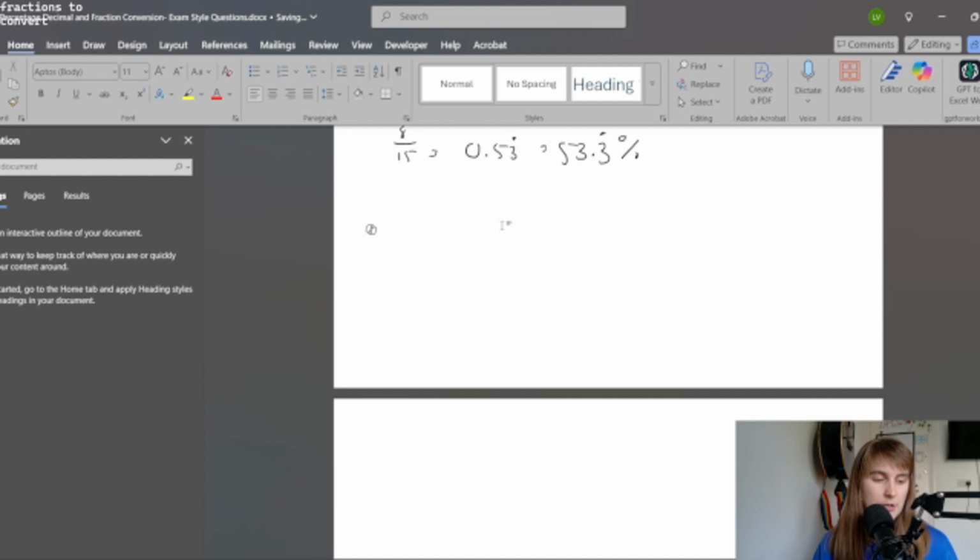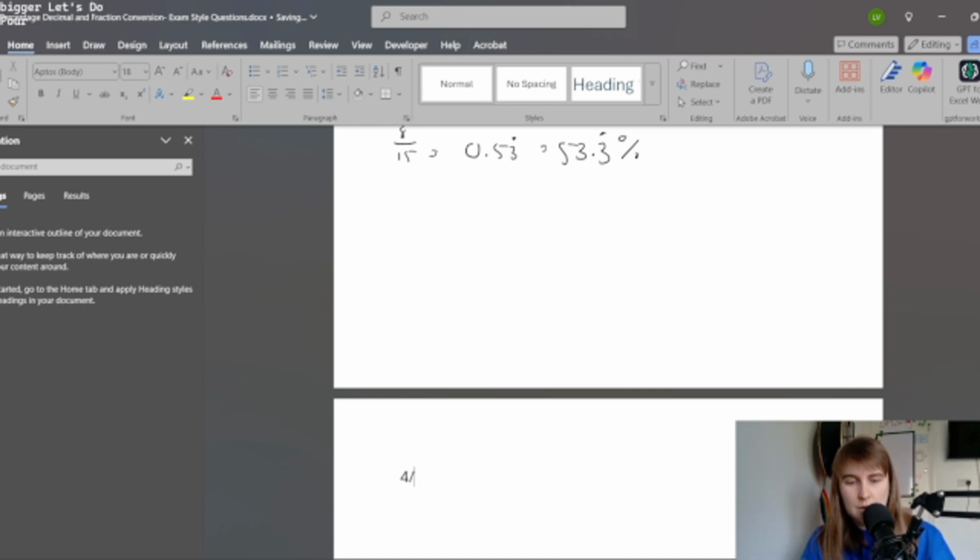Okay. Right, I'm going to give you a couple of fractions to convert. Some of these will be factors of 100, so you can just multiply up, and some of them won't be. I'd like you to convert them first to decimals through the division, and then onto percentages by multiplying that decimal by 100. So let's go down here so we can make it a bit bigger.